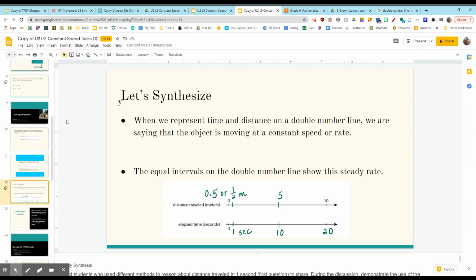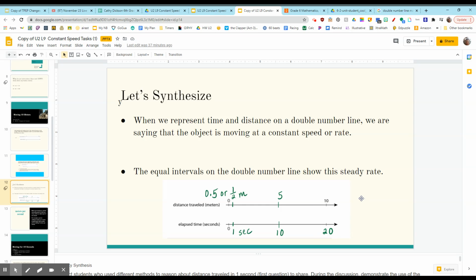When we represent time and distance on a double number line, we are saying that the object is moving at a constant speed or rate. The equal intervals on the double number line show the steady rate. So 0.5 meter in 1 second, 5 meters in 10 seconds, 10 meters in 20 seconds.